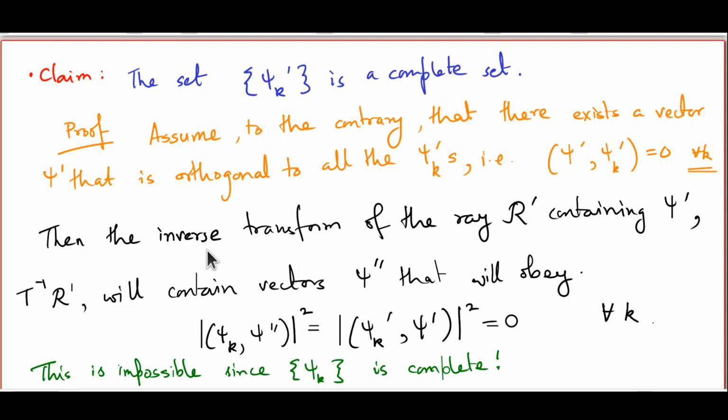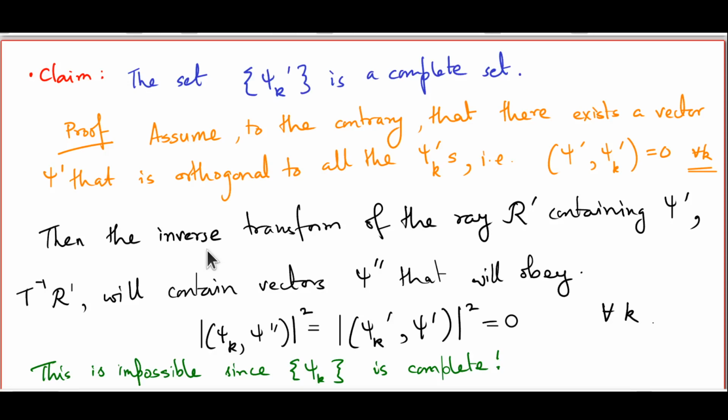And in both cases, you would have ended up with the orthogonality relation that the inner product of psi k prime and psi l prime is delta kl. So, if these new vectors had been obtained by the action of a unitary or an anti-unitary operator on the original vectors, then whatever we have found so far would have automatically occurred.